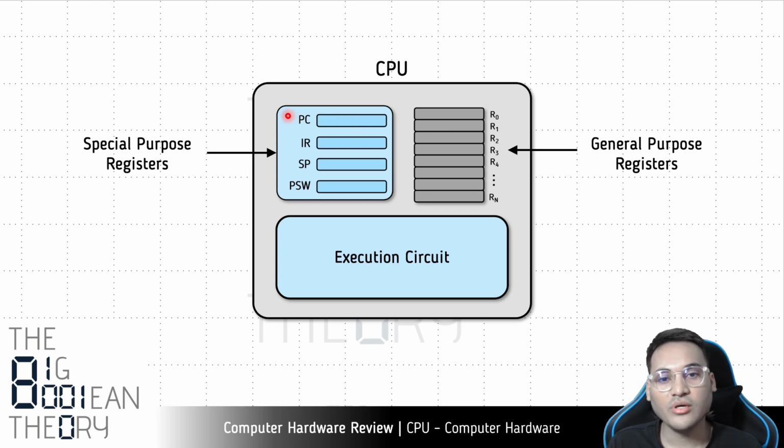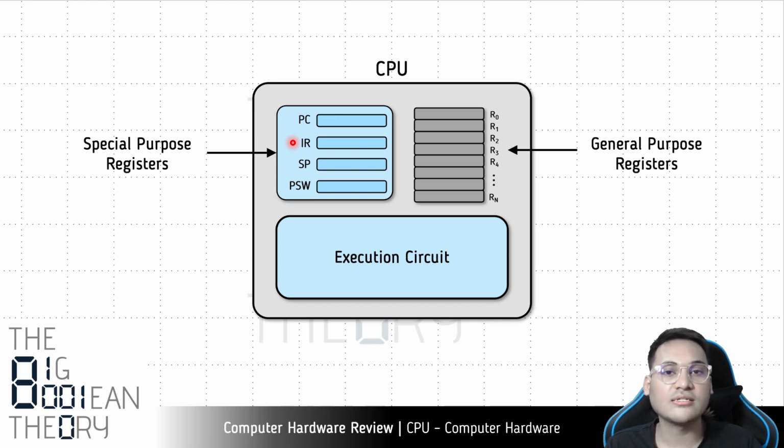Then after program counter, let's talk about the instruction register or IR, right? So this instruction register is very similar to the program counter. It basically stores the current instruction. So the program counter stores the address of the current instruction, and the instruction register stores the current instruction itself, right? Before executing any instruction, it has to be decoded. Remember that instructions and data are initially present in the memory.